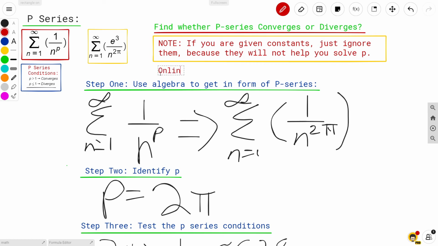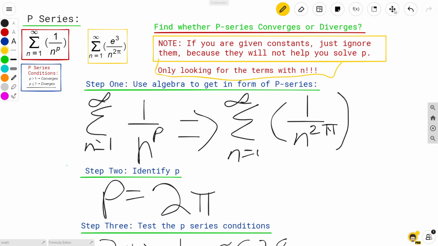We're only looking for the terms with n. Make note of that as well.